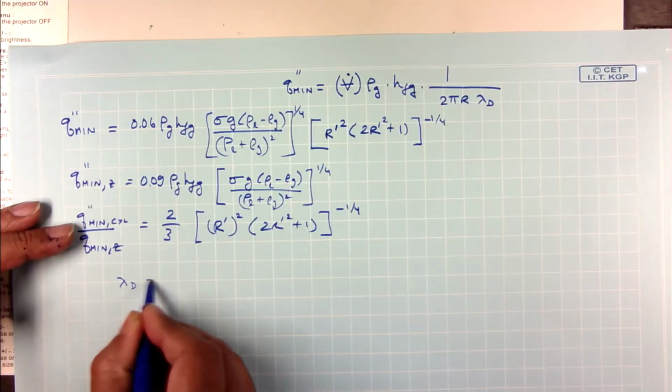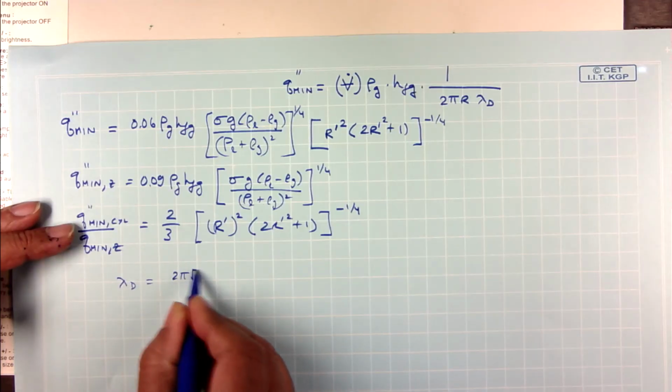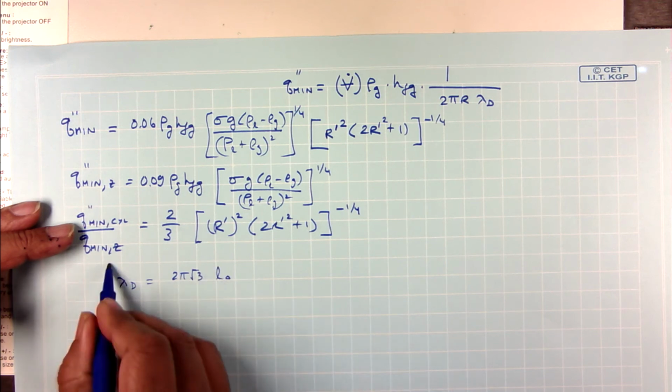So how much did we say was lambda d? Do you all remember? So we said lambda d is equal to what? 2 pi root 3 L naught. Right? Lambda d is equal to 2 pi root 3 times L naught, isn't it?